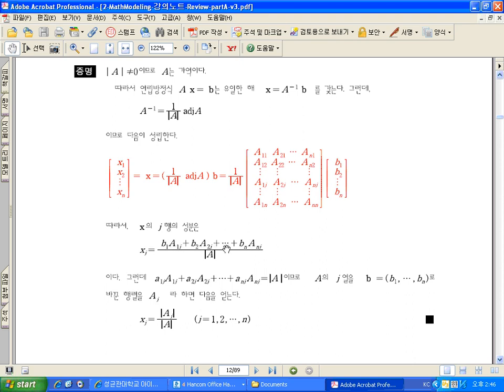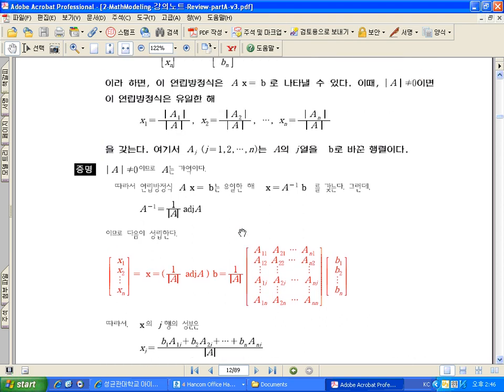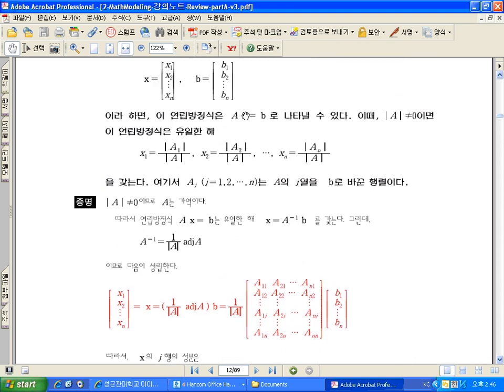So this is a kind of Laplace cofactor expansion on a matrix whose jth column is the vector b, and all other entries are the same as the ones in the matrix A.